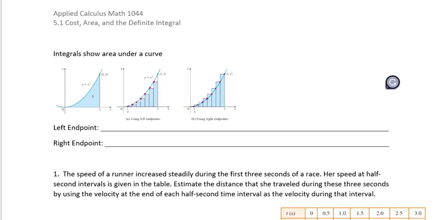You could also draw the rectangles to where the center was meeting the graph, and that's just another way of notating the same thing. So what we're going to call our left endpoints, this is when we are using the left values to draw the rectangles.